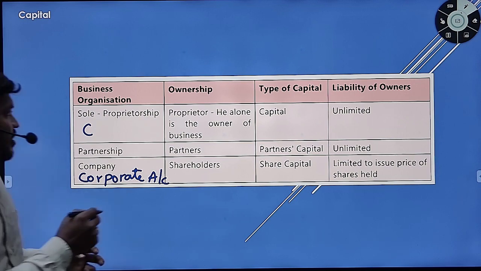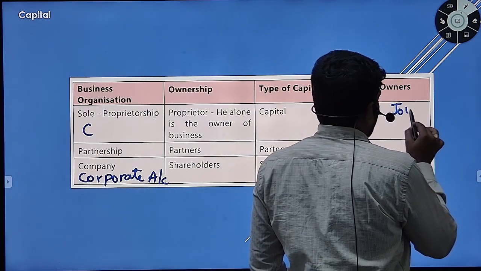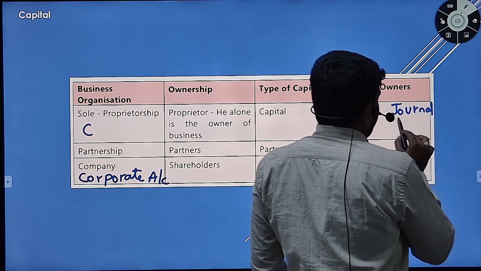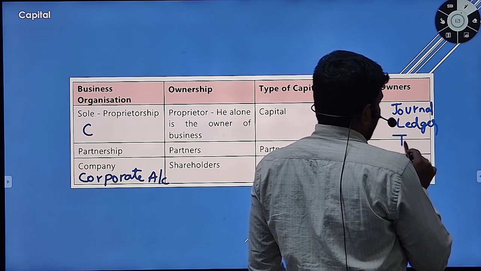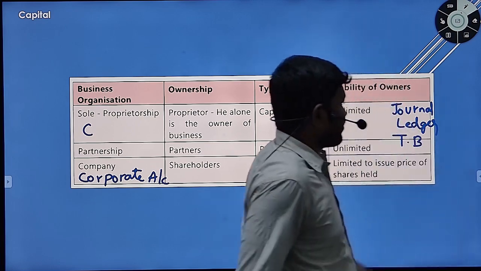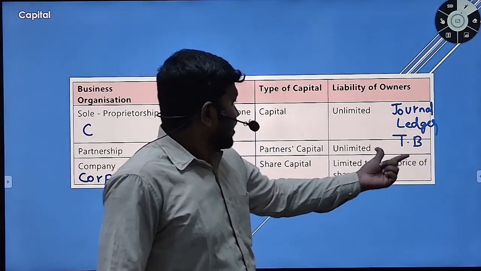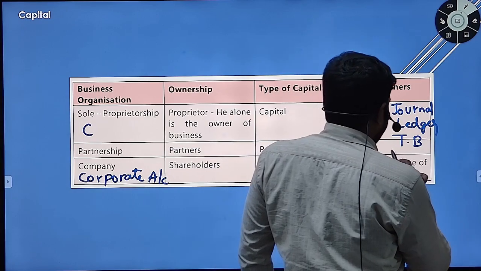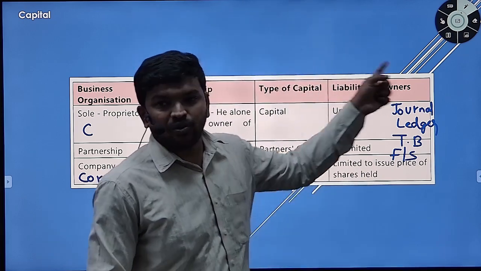First journal, then ledger, trial balance. You have subsidiary books also, but this is a replacement of ledger. Then at last financial statements. This is the whole accounting cycle.